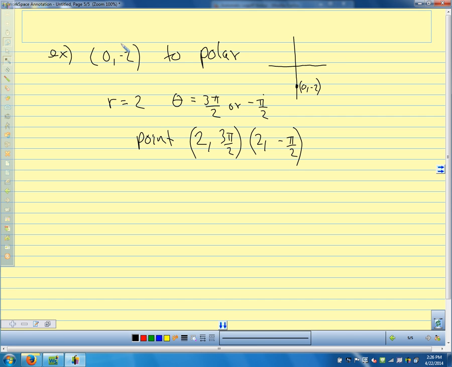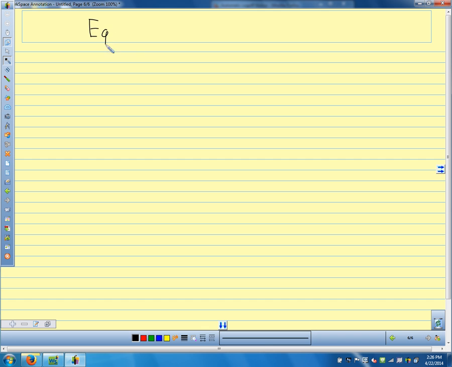Converting coordinates with the points, it gets more interesting when we want to convert equations. For our equation conversions, we're doing exactly what we did for our coordinate conversions.